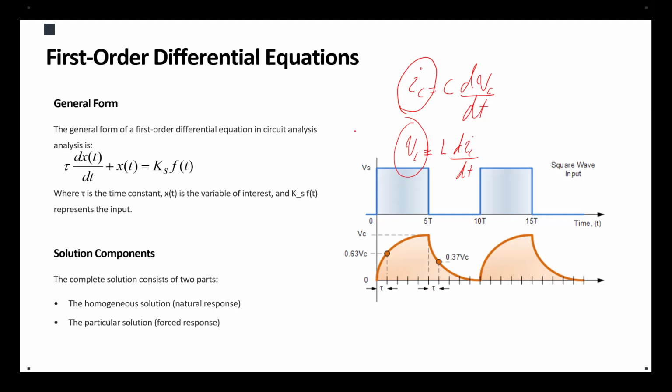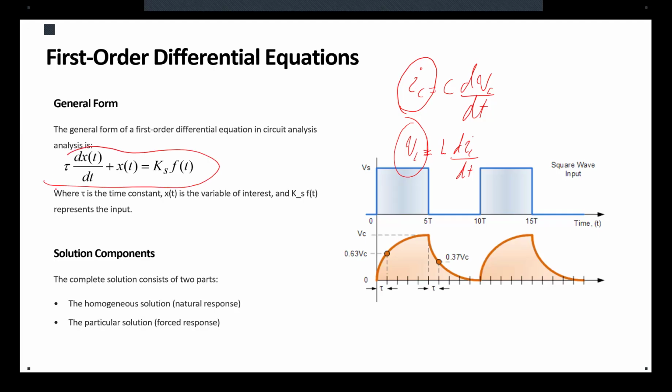So you know the general standard representation of a first order differential equation, which is tau times the first order derivative of our function plus our function equals K times the input f(t). The f(t) is the input, the force that you apply to your system.